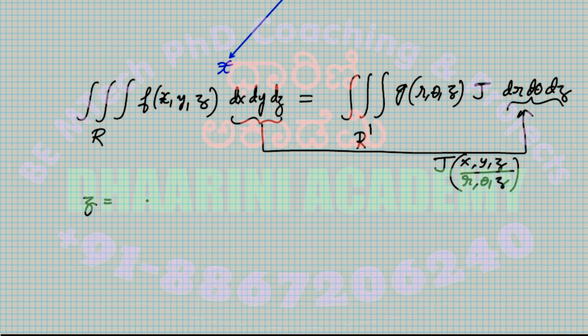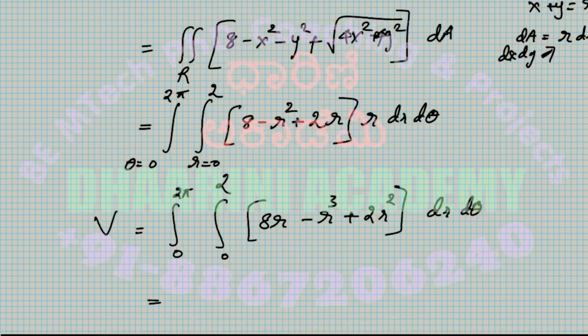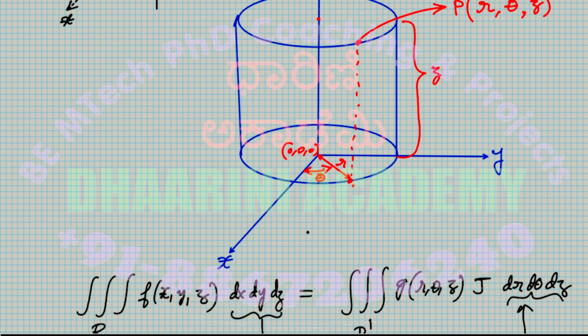Let's say z is equal to z in both cases. I'll keep z as z itself in both cases. But I need to understand what happens to x now. What is x in the rectangular system in terms of the cylindrical system? You see the diagram. I'm trying to plot this point onto this line, correct?